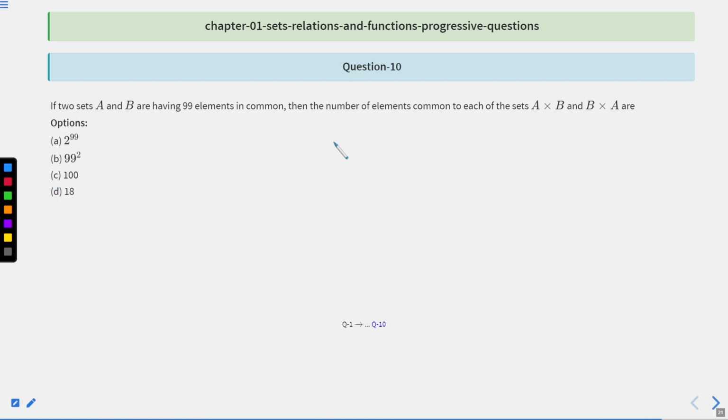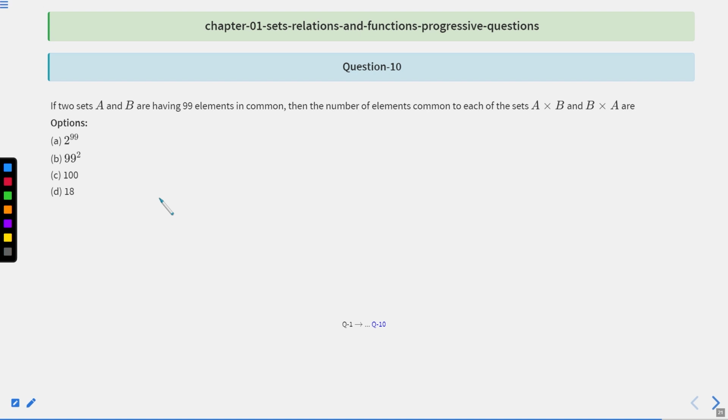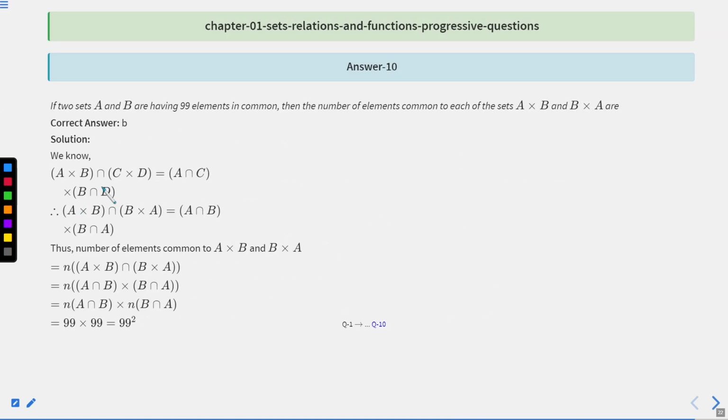Now let's come to question number 10. If two sets A and B have 99 elements in common, then the number of elements common to each of the sets A×B and B×A are. So we have to find the number of points common to, that is the intersection of, A×B and B×A.